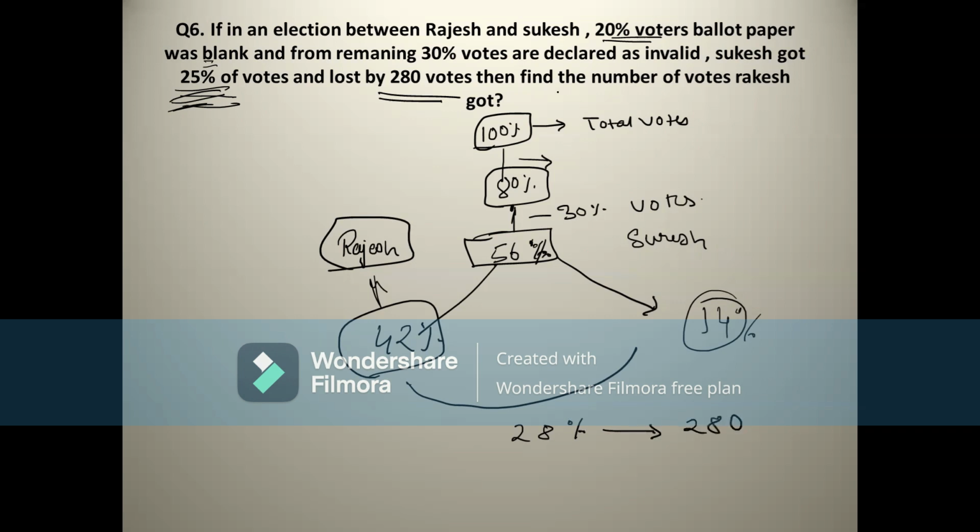They have asked you the number of votes Rajesh got. Rajesh got 42% of the votes, so you have to find the value of 42%.